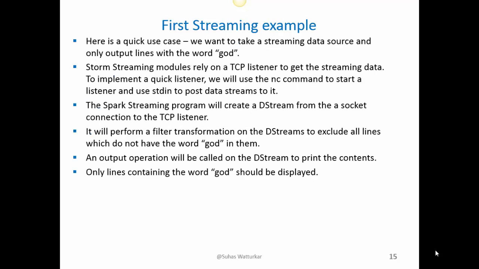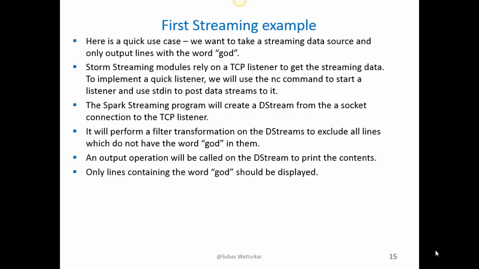So let's talk about a first example. I'm going to quickly switch to my IDE to show the code that is working as well. The use case is we are constantly getting streams of data, and each record is delimited by a line feed.